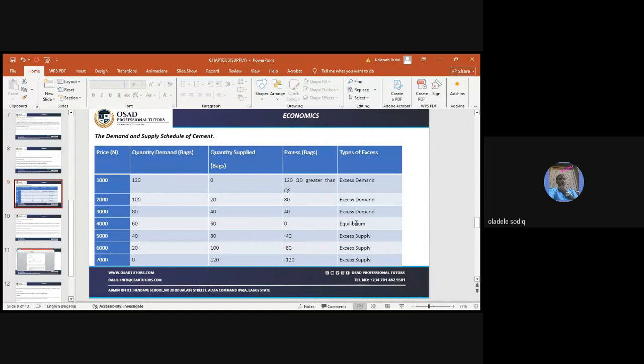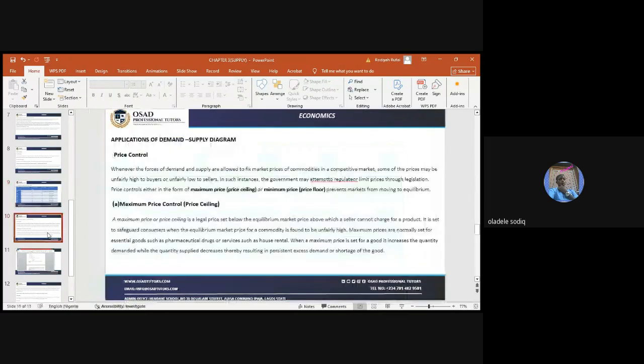That is the difference. Now, if government does what we call maximum price, what it means is that there will be excess demand. Because what they are telling the supplier is that all of you, no matter what profit you want to make, you must not sell above 500.